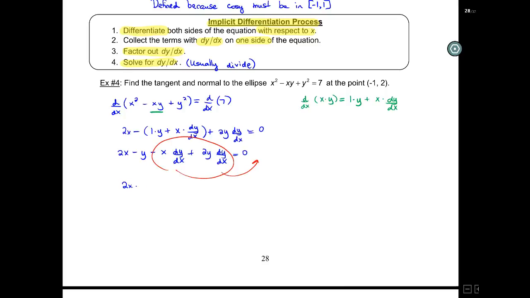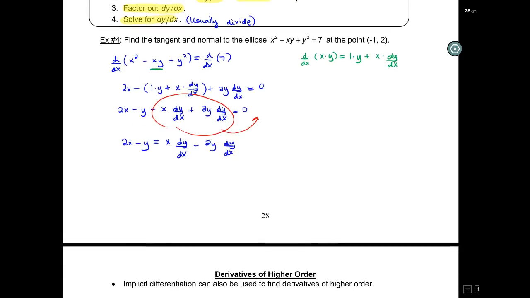So I'm going to leave 2x minus y, and I'll have an x dy dx minus a 2y dy dx. Okay with that? Which part? Okay.